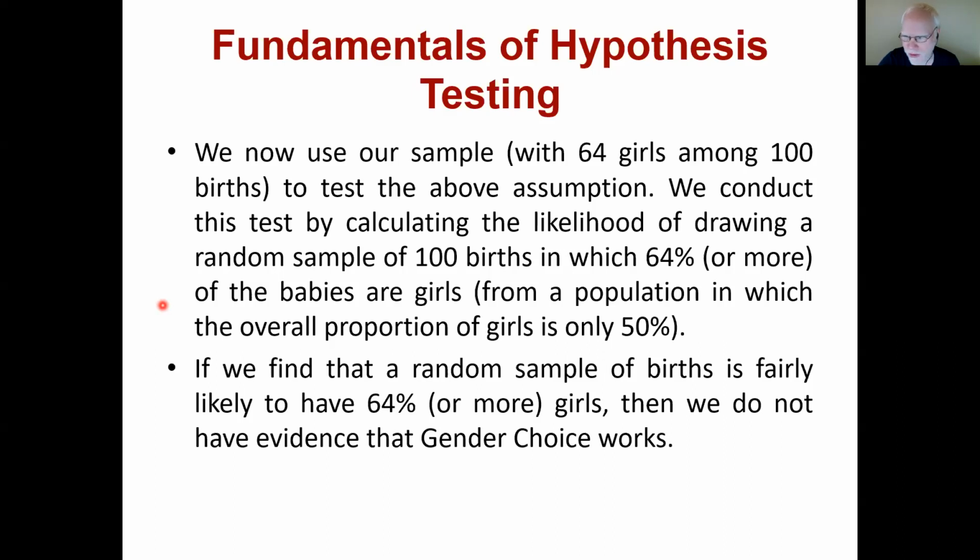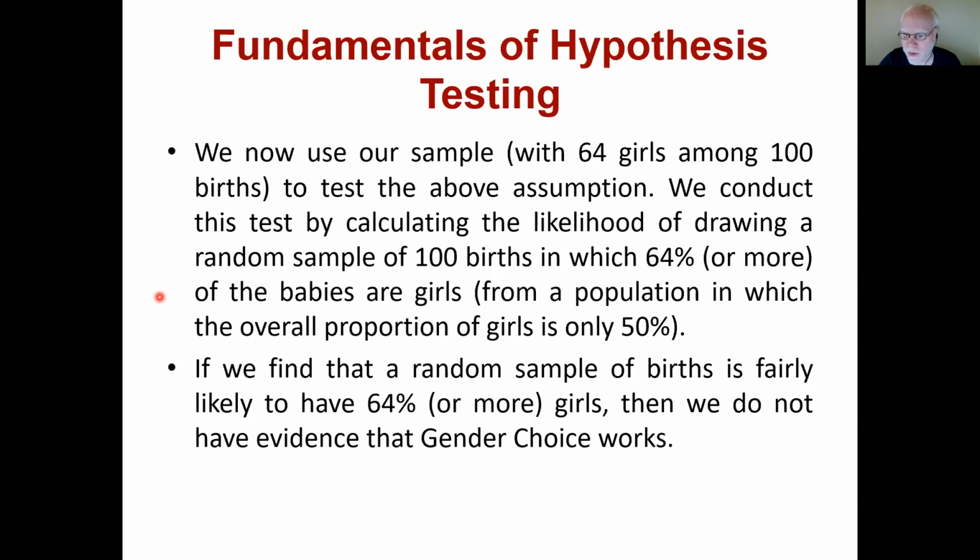So it could be that 64% is just not unusual if you take just 100 births. And if it's not unusual for women who don't even take the product to have 64% of babies born being girls, then that's not really evidence that the product's doing anything.